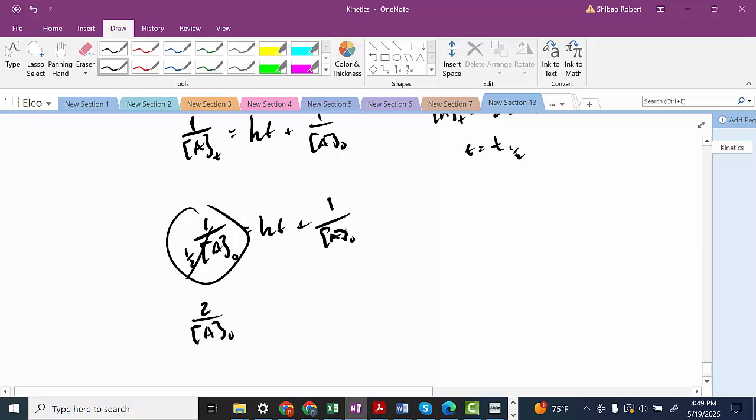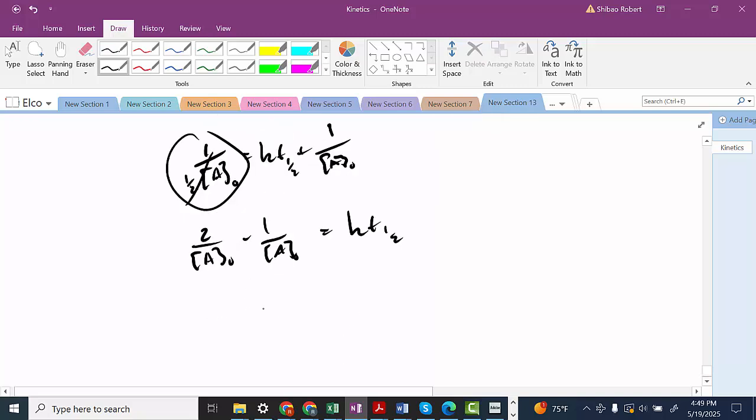So what I'm going to do is subtract 1 over A times 0 from both sides. And this is going to equal kt 1/2. Alright, and so this is going to give us 2 over A times 0. And then we're going to divide both sides by k, and this is equal to t 1/2.